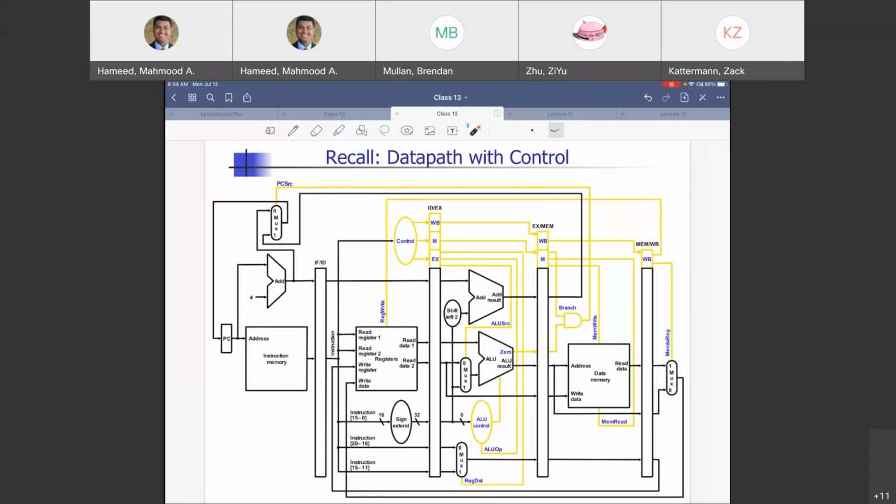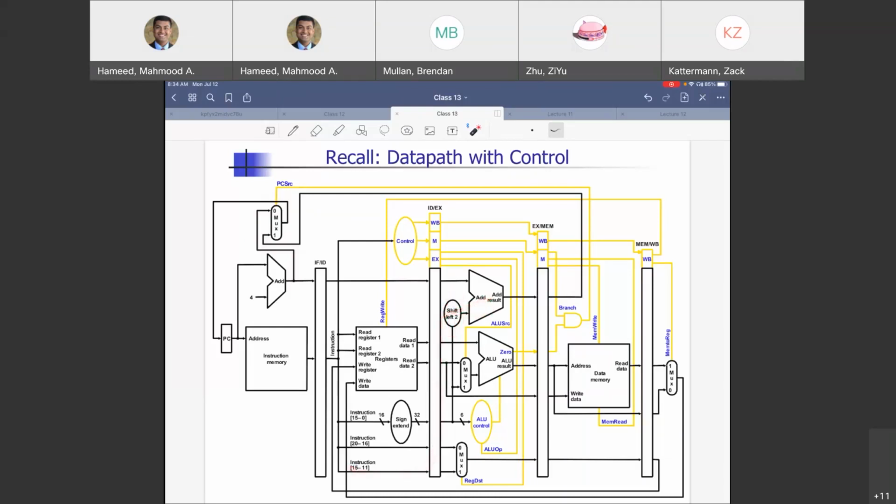Either PC plus 4 or PC plus 4 plus the offset, where you shift it left by 2, that is multiplying by 4. Shift left by 2, add, all of that is being conducted over here.